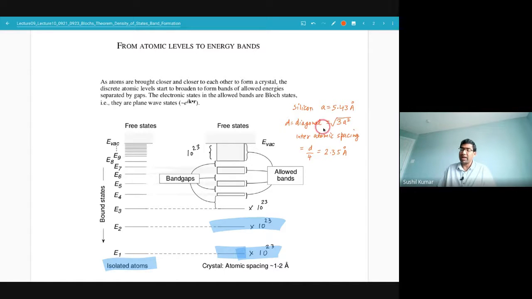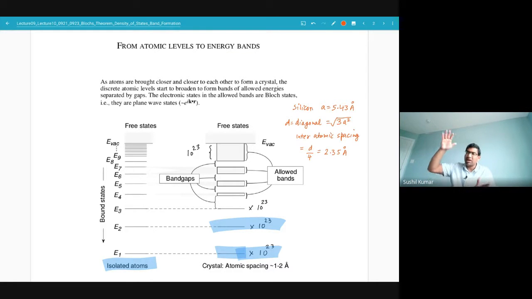So here's just a calculation of the typical atomic spacing for silicon. The large cube size is 5.43 angstroms. It's a diamond lattice, and in a diamond lattice, the nearest atom to atom distance is the diagonal divided by 4. You can look back at the diamond lattice.